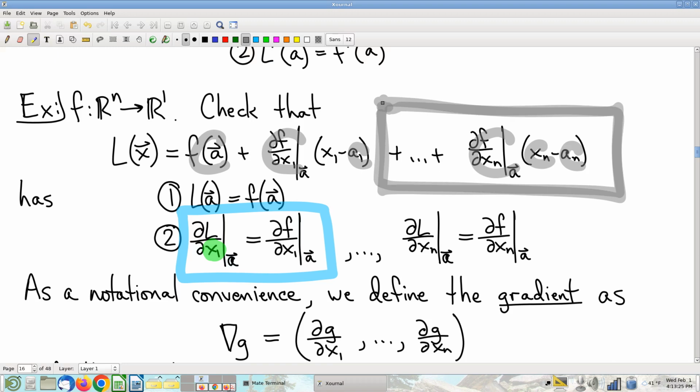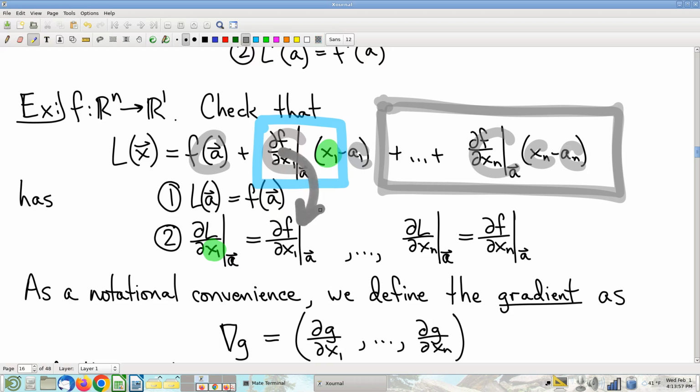And when I'm about to take the x1 derivative, that's all just going to, of course, have derivative 0. It just goes away. The only thing that doesn't go away, notice there is an actual x1 there. And so when I'm taking the partial derivative, this one term right there, that's the only thing that has an actual remaining variable in it. And it's a constant times x1. And when you take the derivative of a constant times x1, the derivative is that constant. So, as desired. Everybody see how that works?